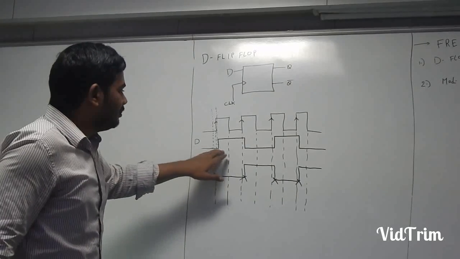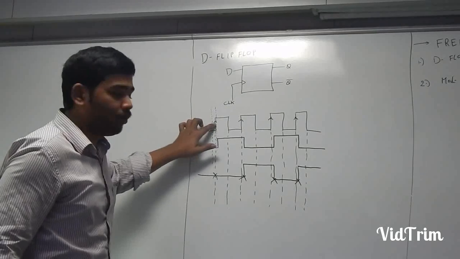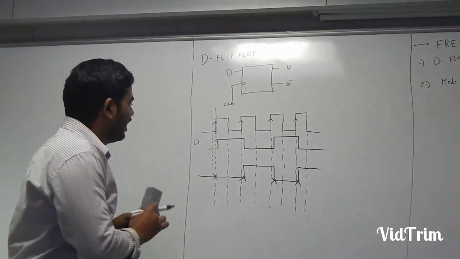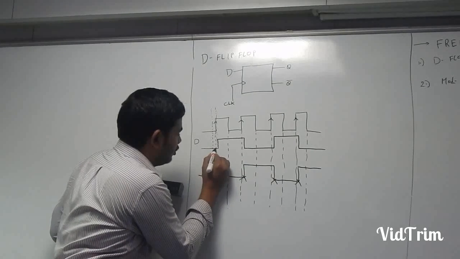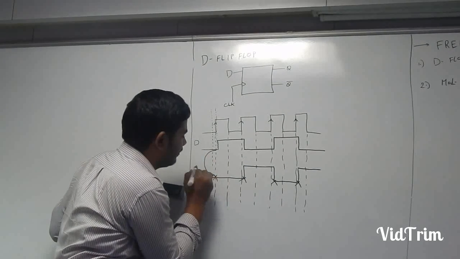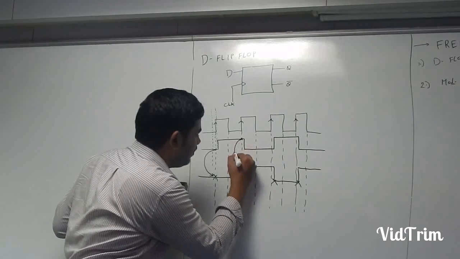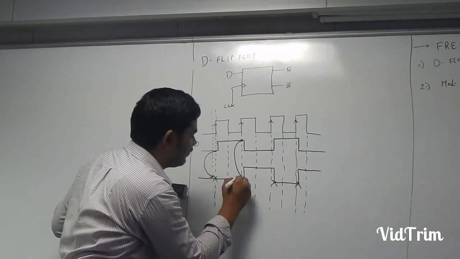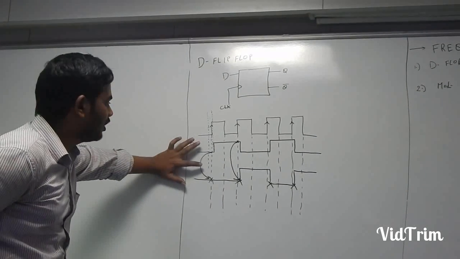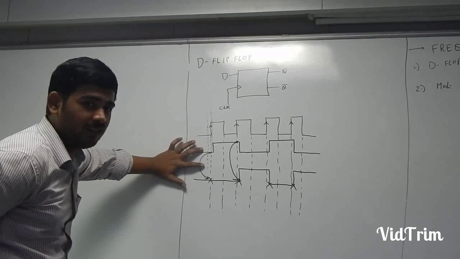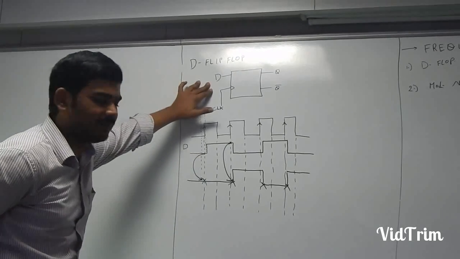I am capturing this data at the positive edge of this clock, and you can see at the positive edge my data is 0. This is captured here, and at the next positive edge my data is 1, and it is captured here. From these two waveforms you can conclude that this flop gives 1 clock cycle delay.